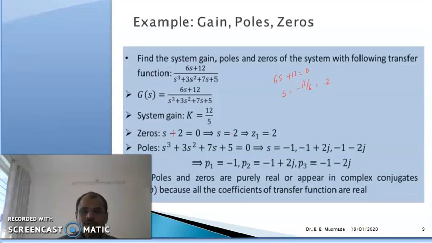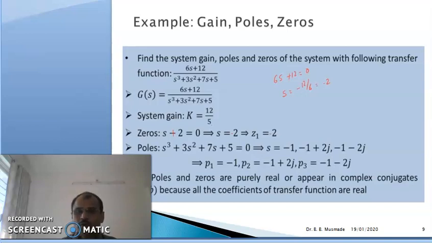So let's have another example. The system is now expressed as another expression in which the numerator term is (6s + 12) upon (s cube + 3s square + 7s + 5). So let us identify poles, zeros and gain from this transfer function.